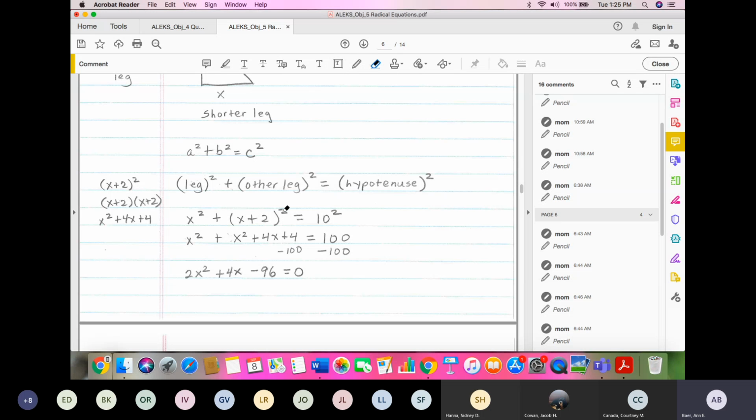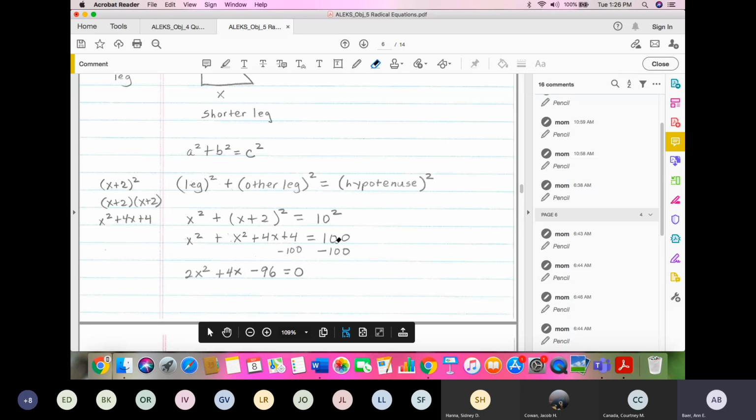So I'm going to take this x plus 2 squared out and put this in over here, equals 10 squared, which is 10 times 10, which is 100. Now we want to solve this quadratic equation. It's a quadratic equation at this point. We have 1x squared, and an understood 1 in front, plus another 1 in front, so 2x squared, plus 4x.